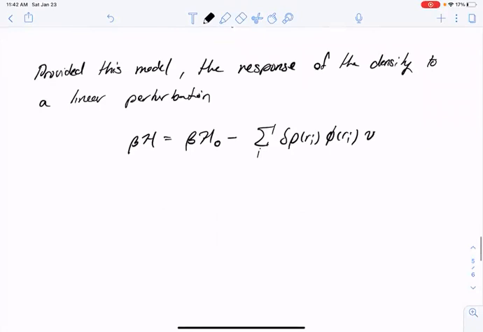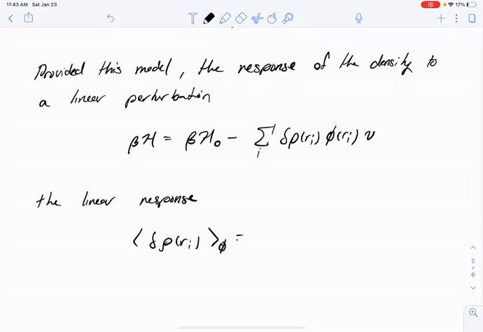So this is a multivariate response. From the discussion we just had above, we know the fact that the underlying model is Gaussian means that the linear response for how the density at some point in space, call it Ri, will be changed in the presence of that field will be equal to beta sets the scale.